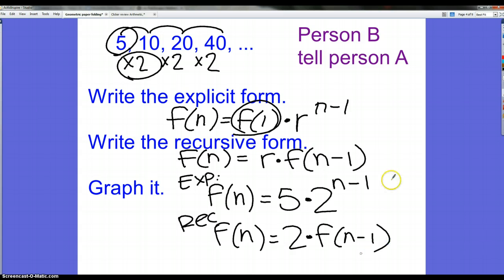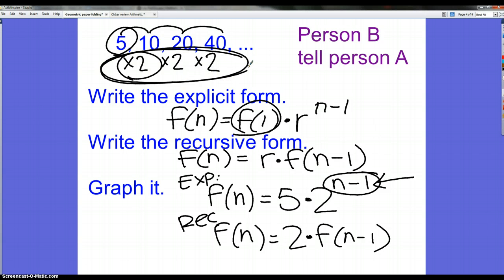The most mistakes I see is that a lot of people don't put this n minus 1 as an exponent. But because this is repeated multiplication, 2 times 2 times 2, we keep repeating that, it has to be an exponent.